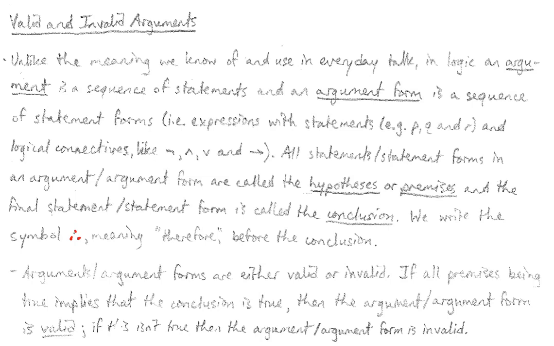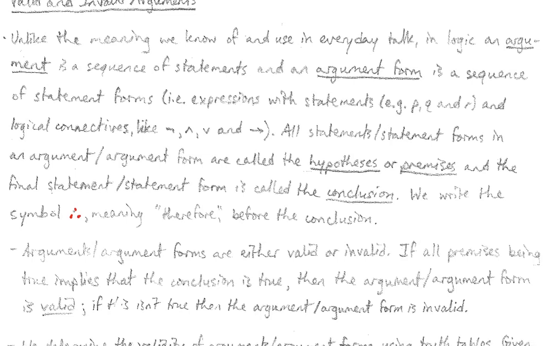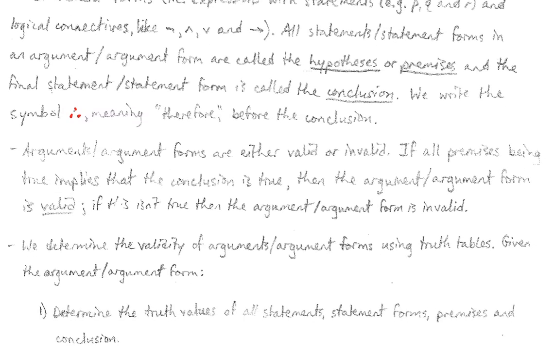If this is not the case, if when all of your premises are true, that implies that the conclusion is false, then the argument or argument form is not valid. And the way that we truly determine whether or not an argument is valid is through the use of truth tables.